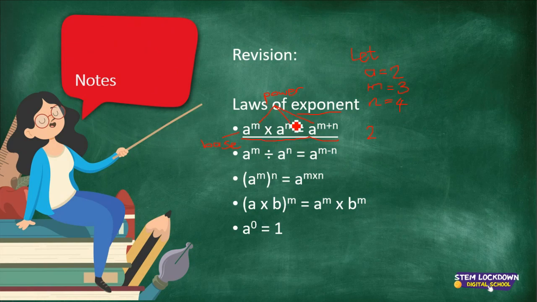Okay. So in this case, 2 to the power m will be 2 to the power 3, right? Multiplied by 2 to the power n. Obviously, A is 2, so it will be 2 to the power 4 because n is equal to 4.